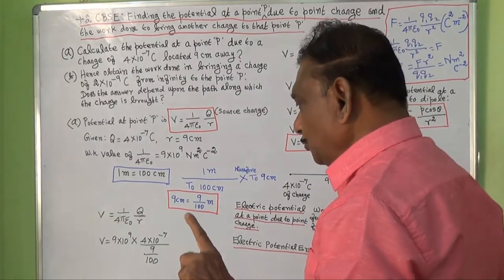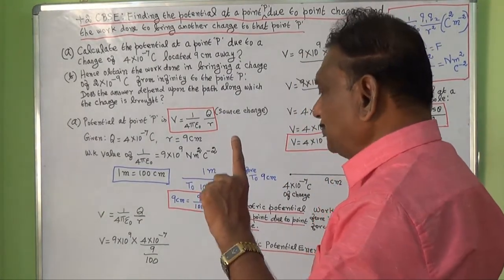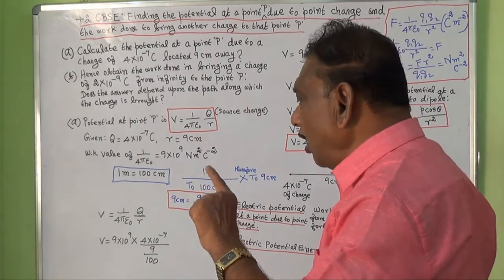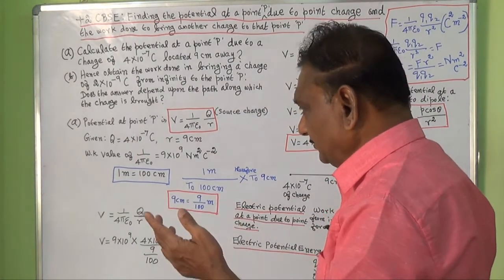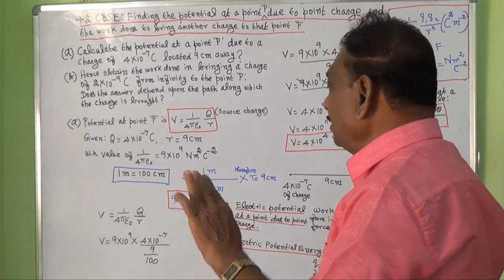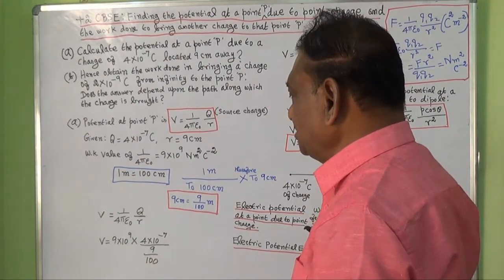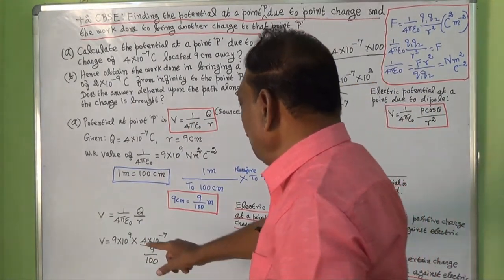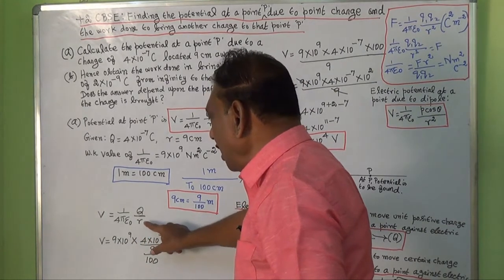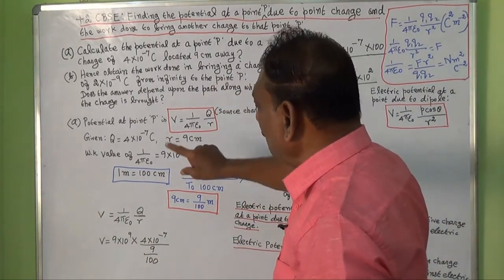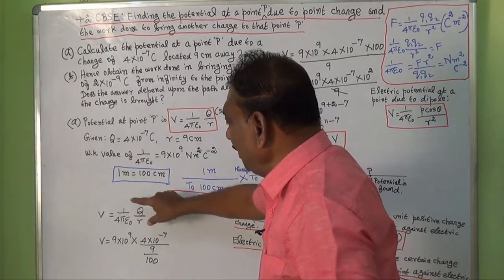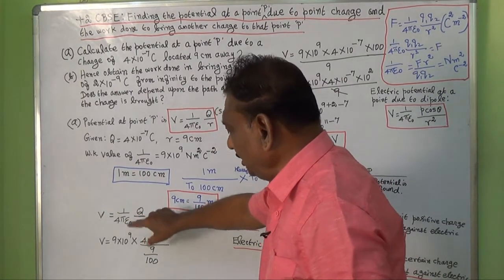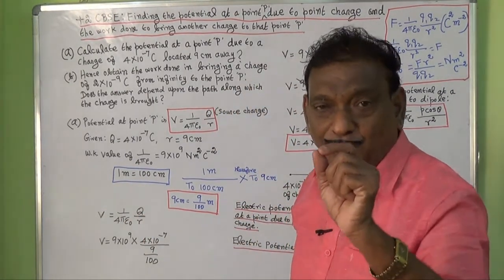If we substitute 1 by 4 pi epsilon naught, Q and R, we can find the potential at the point P, that is V equal to 1 by 4 pi epsilon naught Q by R. We have already discussed the value of 1 by 4 pi epsilon naught is 9 into 10 to the power of 9.